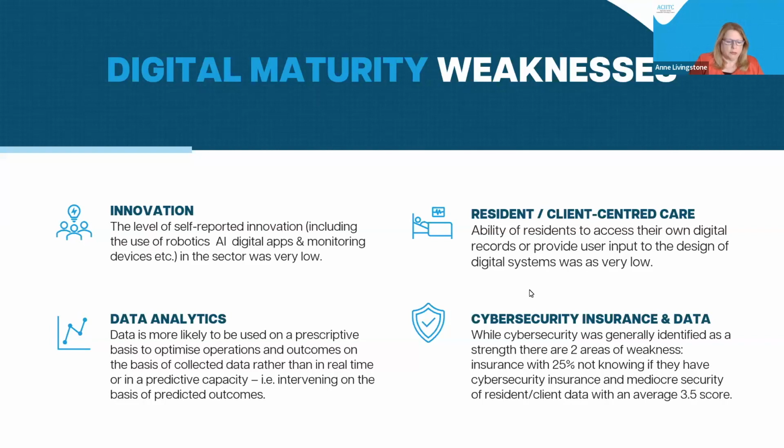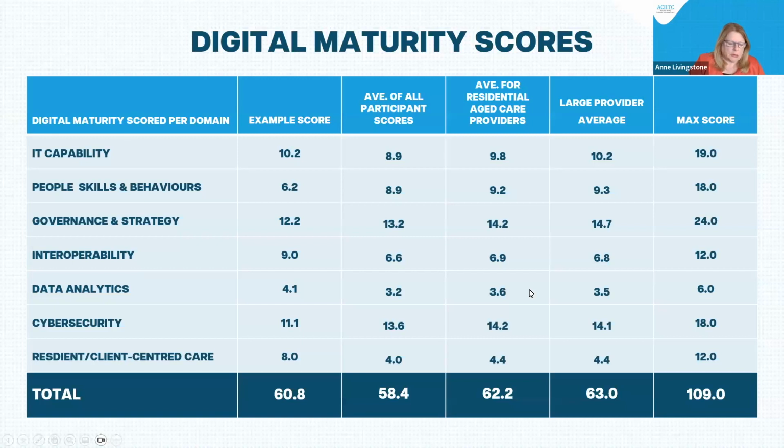So what does it look like in a snapshot? So we looked at a number of areas that are on your screen now. IT compatibility, people skills and behaviour, governance and strategy, interoperability, data analytics, cybersecurity, and the focus on resident and client-centred care. We then did score the results of each of those.